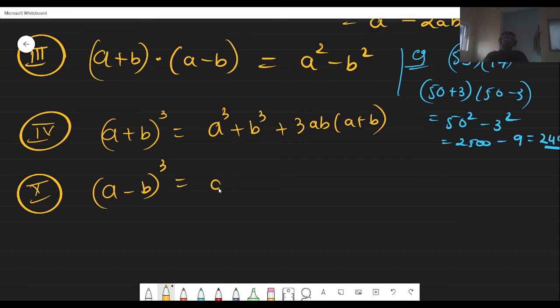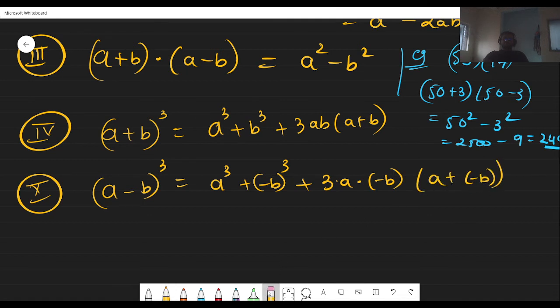Then it will become a cube plus minus b cube, and wherever we are getting a b, we change it to minus b: 3 times a into minus b into (a plus minus b). Wherever there is a b, here, here, and here, I have changed it to this term for this term, and this term for this term. Now we'll try to solve it further.